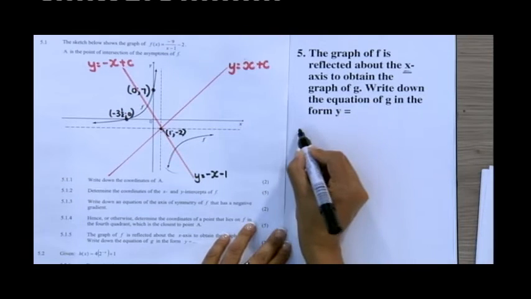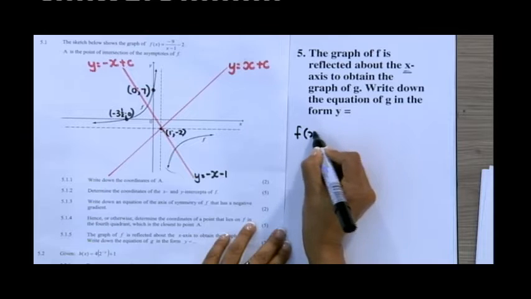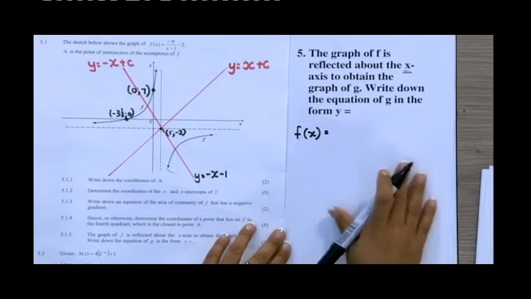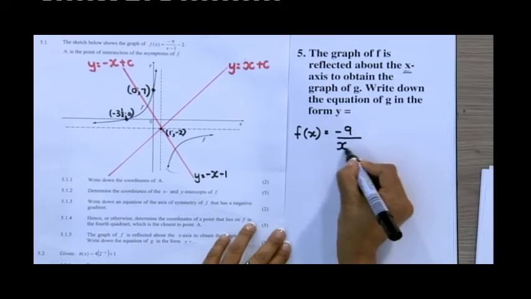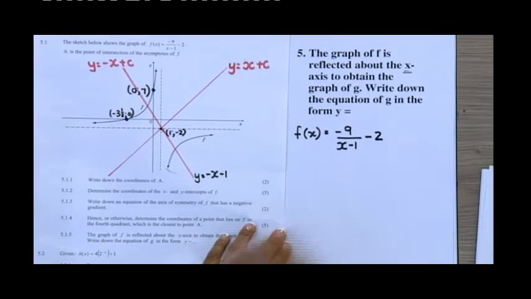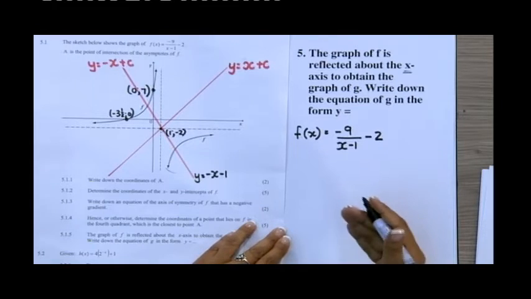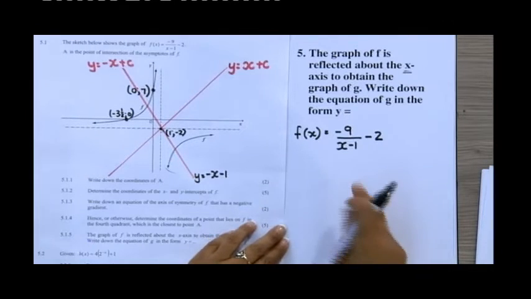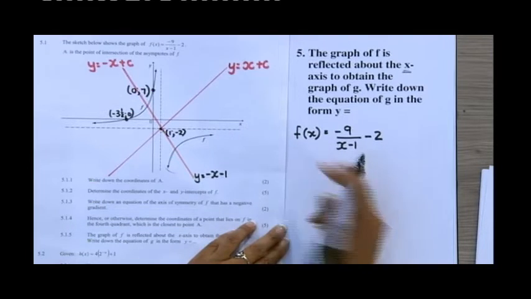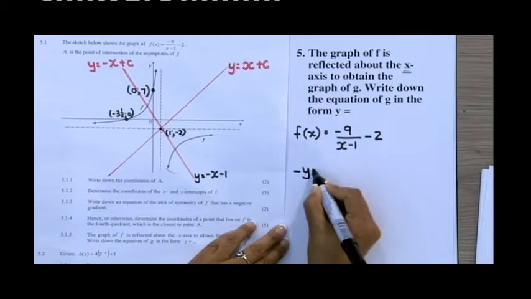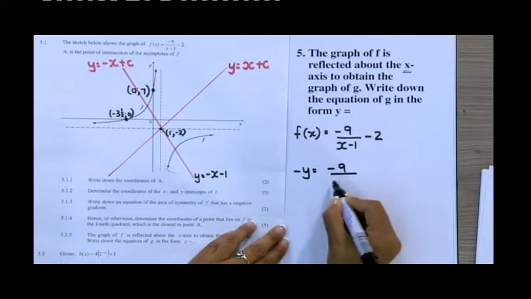Now remember, your original f's graph looked like this: minus 9 over x minus 1 minus 2. If you reflect a graph over the x-axis, your x stays exactly the same and your y changes to a negative. Your y changes sign.